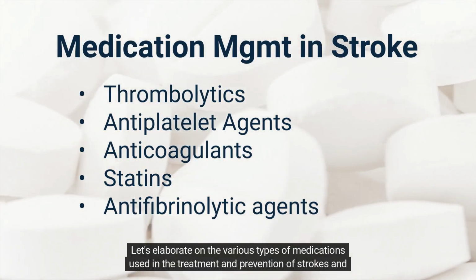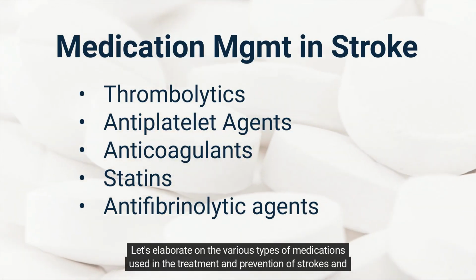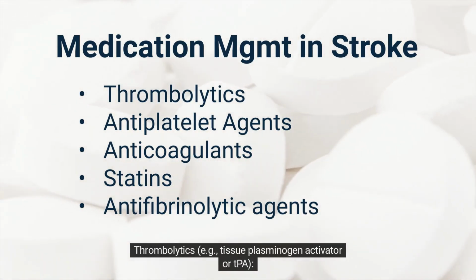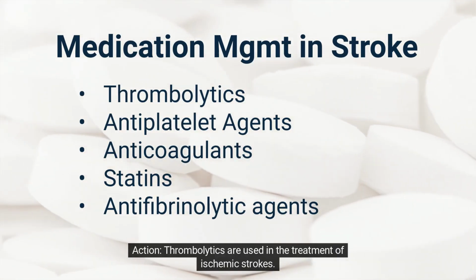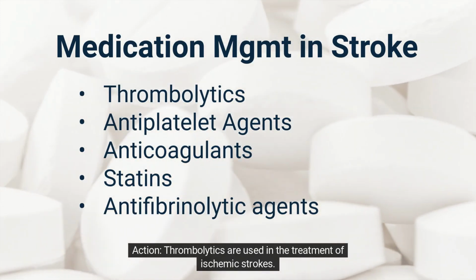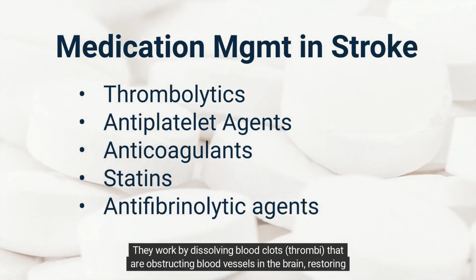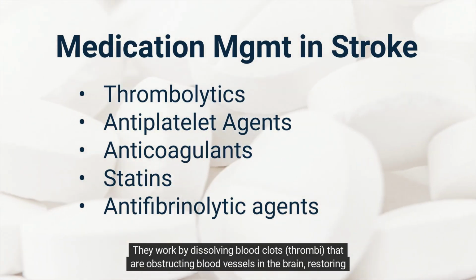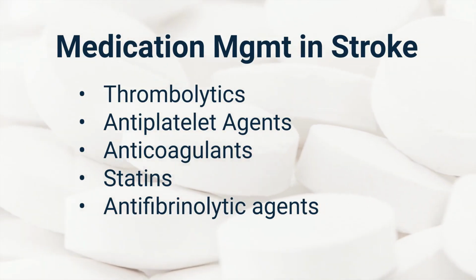Let's elaborate on the various types of medications used in the treatment and prevention of strokes and their actions. Thrombolytics, e.g. tissue plasminogen activator or TPA. Action: thrombolytics are used in the treatment of ischemic strokes. They work by dissolving blood clots, thrombi, that are obstructing blood vessels in the brain, restoring blood flow, and potentially preventing further damage to brain tissue.